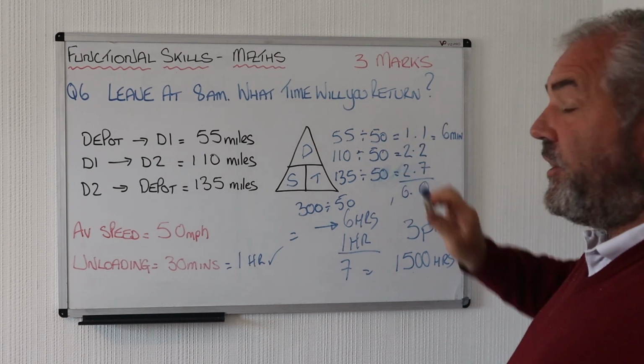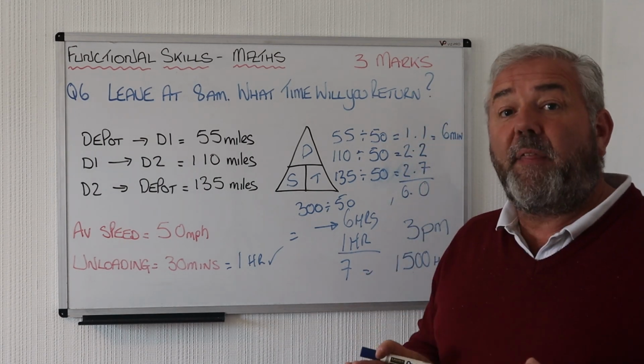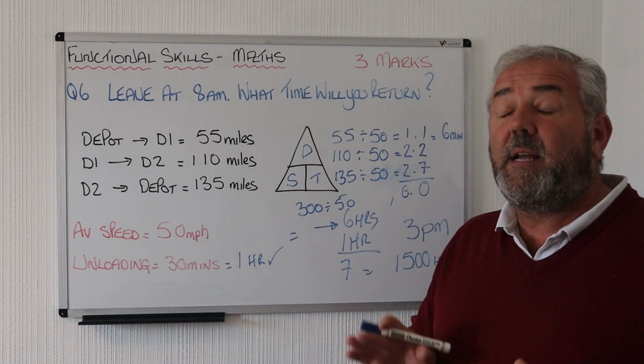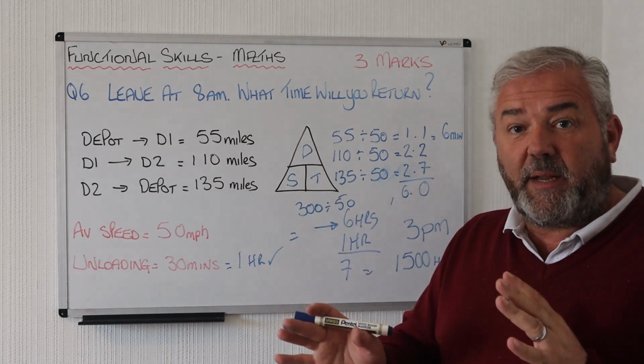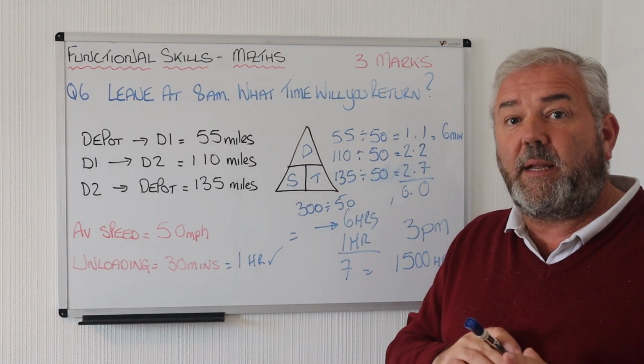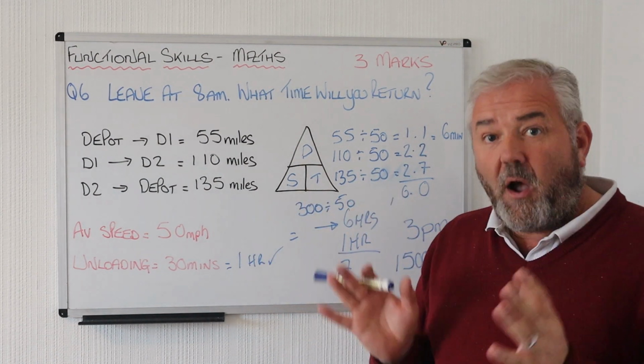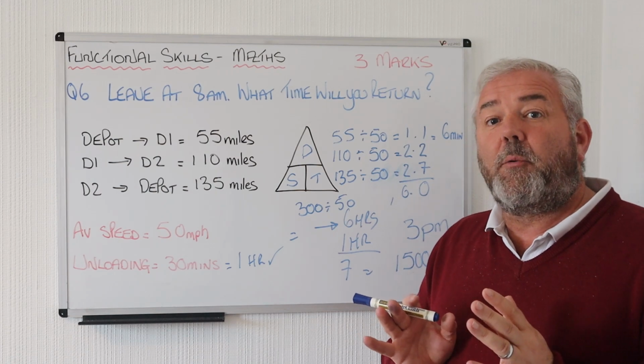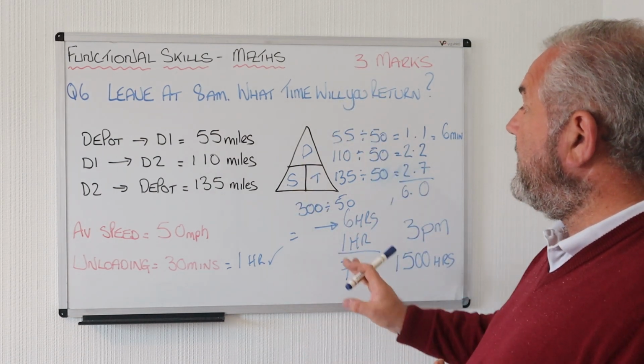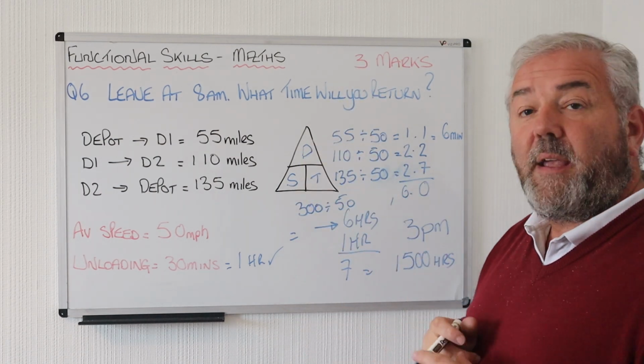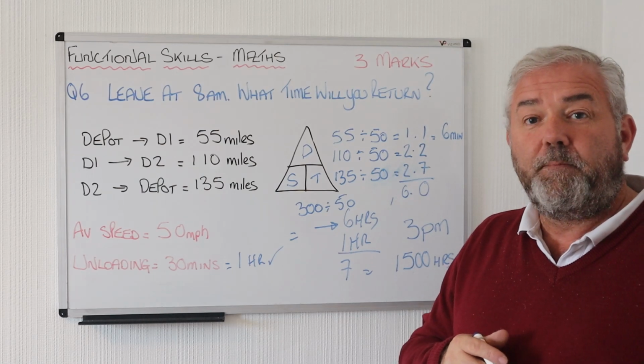The first method I showed you is the right method should you have different average speeds for whatever reason the question may give you. But if you're finding that the average speed is constant throughout, just add all the distances up and divide by the average speed, which gives us the time.